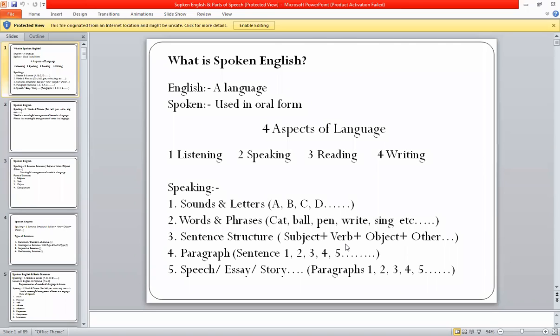For the formation of any type of sentence, we need to write different parts at their place only. So when we start writing any sentence, any sentence is started with the subject.